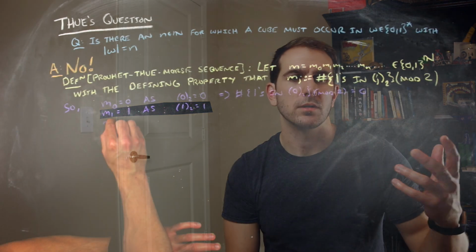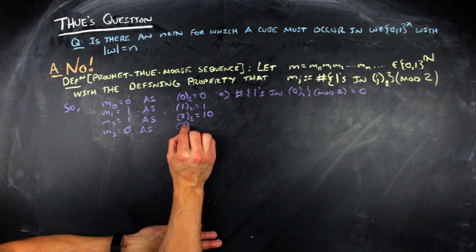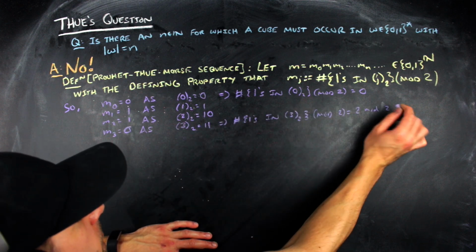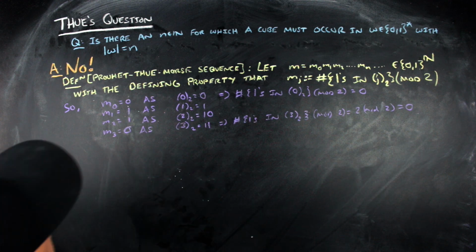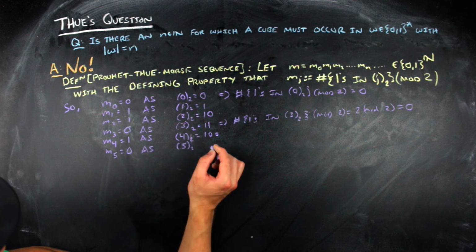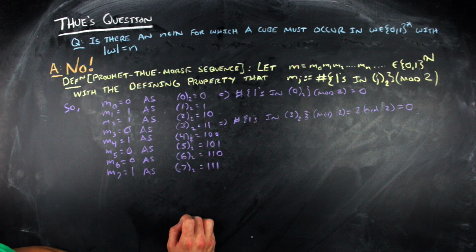The binary expansion of 2 is 1, 0, so that's also 1. The binary expansion of 3 is 1, 1, so that's going to be 0. The binary expansion of 4 is 1, 0, 0, which is going to be 1. The binary expansion of 5 is 1, 0, 1, so 0. 6 is 1, 1, 0, so 0, and then 7 and 8. We can keep going forever because each natural number has a unique binary expansion.